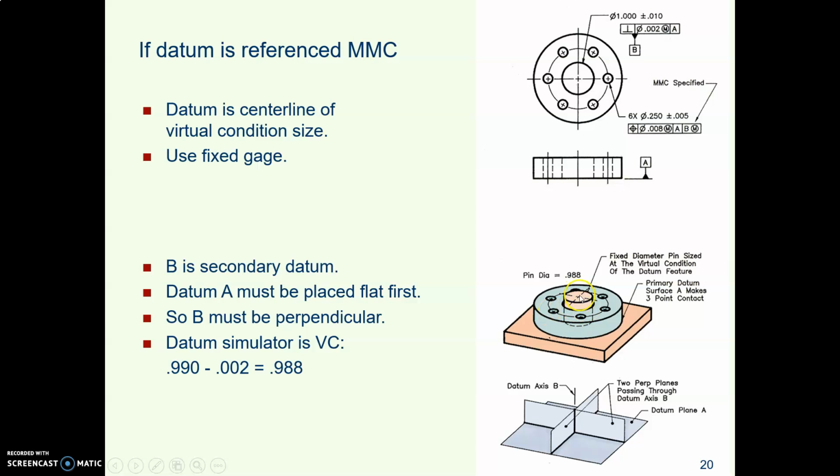So our inspector is going to figure out, and we'll come to this later, don't worry about this word, virtual condition. Our inspector is going to figure out what is the virtual condition of that hole, and that is the size that they will make that gauge pin. And now when our inspector checks the part, they just drop the hole over that gauge pin onto this flat surface and now take their measurements.